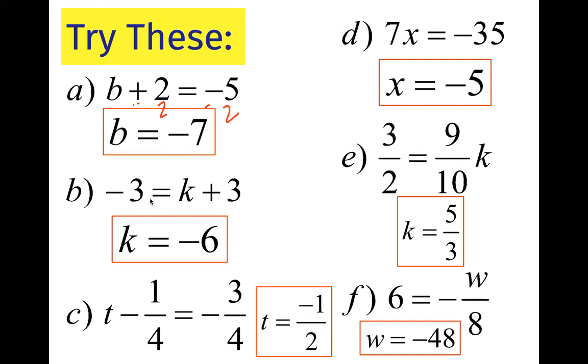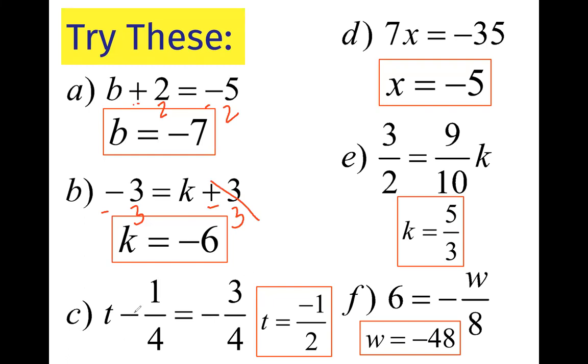So b equals -7. For letter B, we're given -3 equals k plus 3. Plus 3 is keeping k from being by itself, so subtract 3 from both sides. And -3 minus 3 equals -6, so k equals -6.